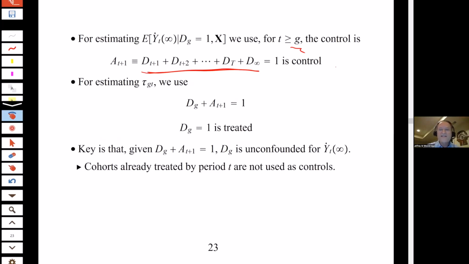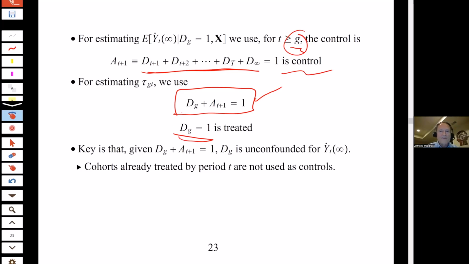So this acts as the control for this cohort in period T. We're going to condition on being in cohort G or future and being not yet treated. Once we condition on this event, we're leaving out all of the units that have been treated up until this period. And then this, of course, is the treatment indicator.